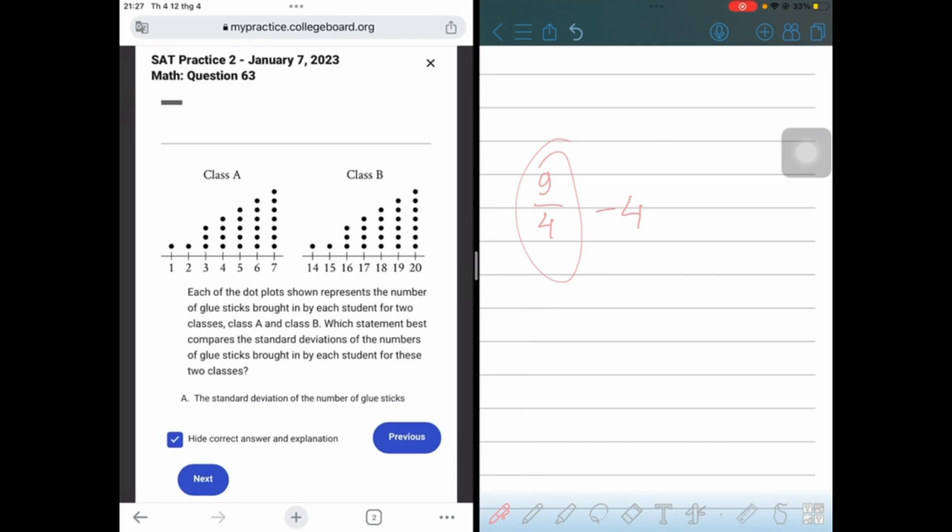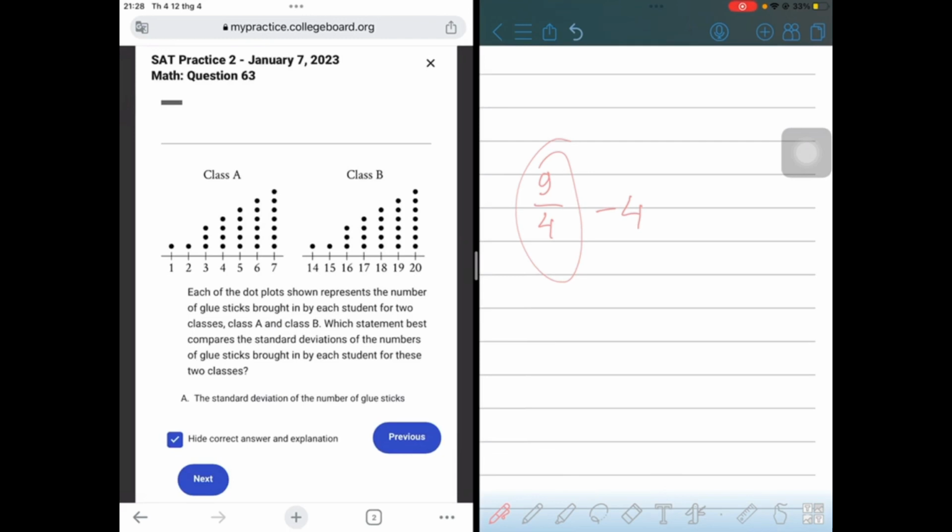For class A, the mean is maybe between 4 and 5, something like that, and in class B, the mean is maybe 17 or 18.